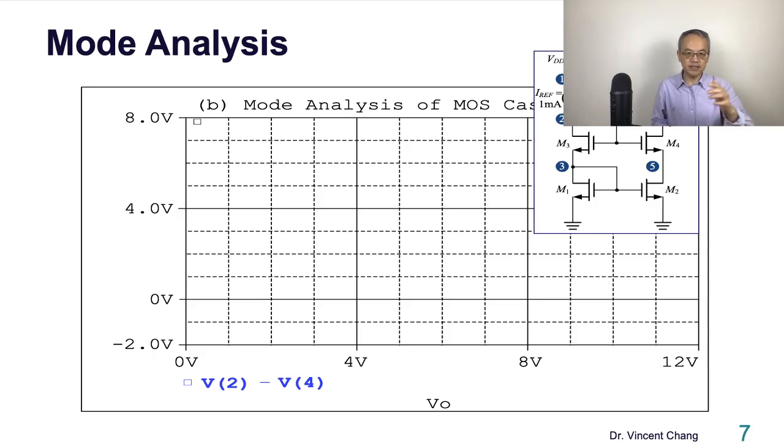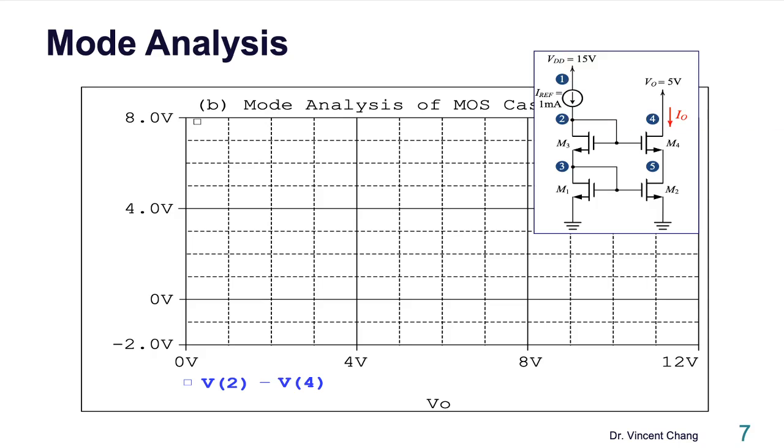So how to dig in, do the analysis? Just probe the VGD. The blue one is node 2 minus node 4, which is the VG minus VD of M4.